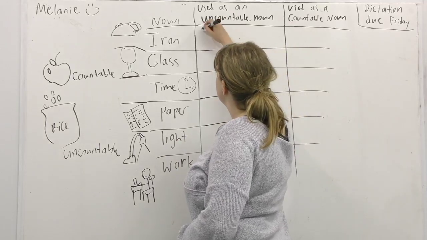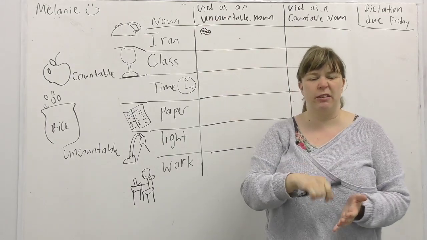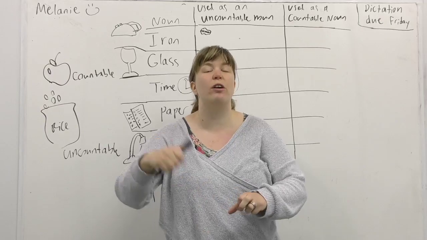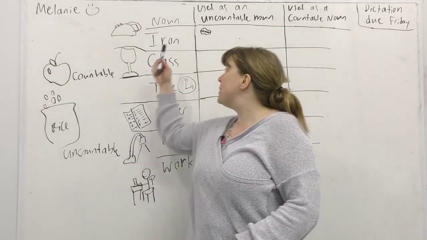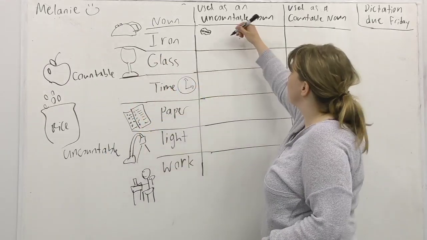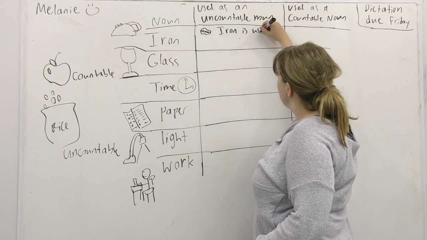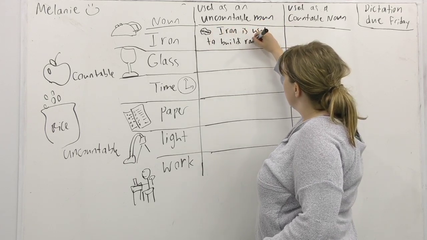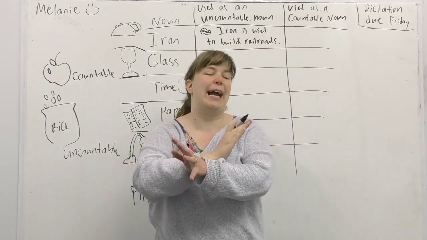This is the material iron, and typically it is used to build things like railroads, sometimes building structures. Typically, material like iron is uncountable. So I'll give you an example sentence. Iron is used to build railroads. There we go. So here we do not count the iron.